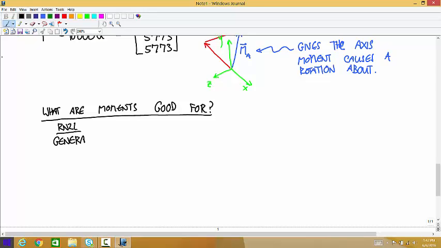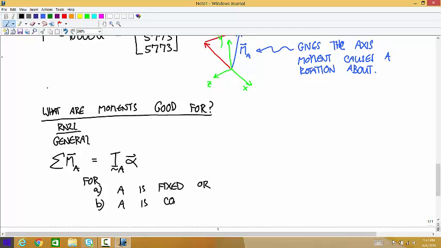In general, it says if you add up all the moments about a point A, that's equal to the mass moment of inertia about A times the angular acceleration vector, as long as either A is fixed or A is the object center of mass.